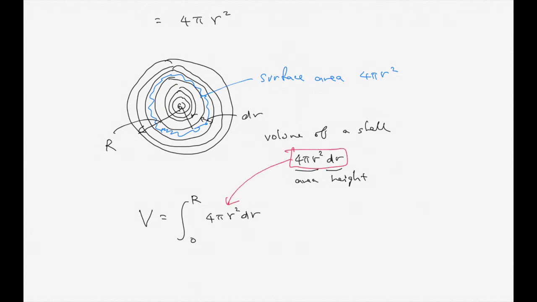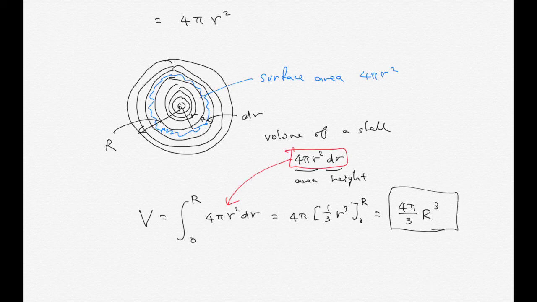If you sum up the small volumes over the whole solid sphere, this becomes 4 pi over 3 r cubed, 0 to the capital R. So this is 4 pi over 3 R cubed, the volume of a solid sphere.